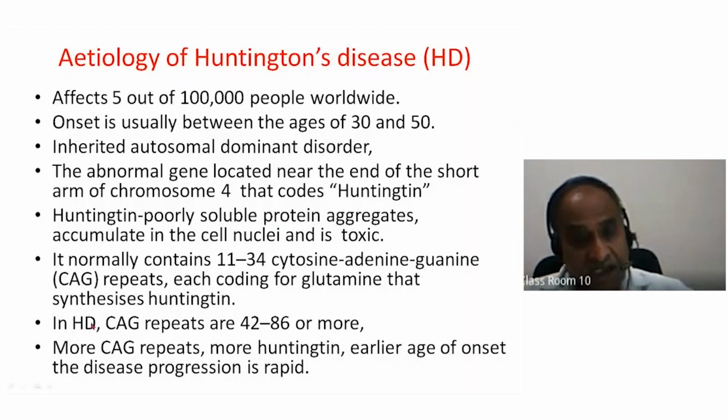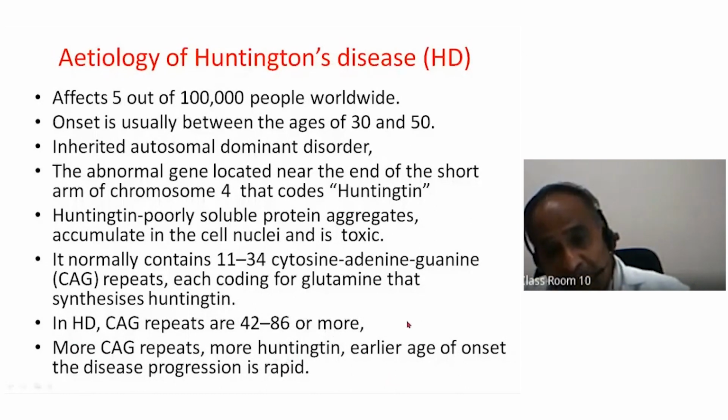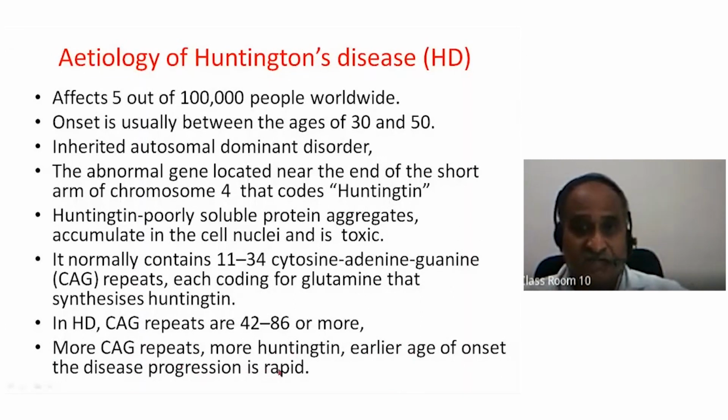If there are more CAG repeats, more huntingtin is produced. And if the age of onset of this disease is earlier, then it will be more dangerous, as the progression of the repeat becomes faster.